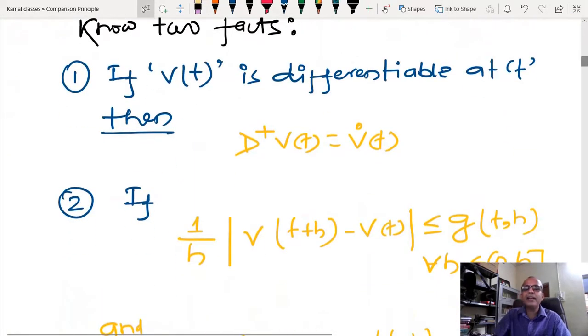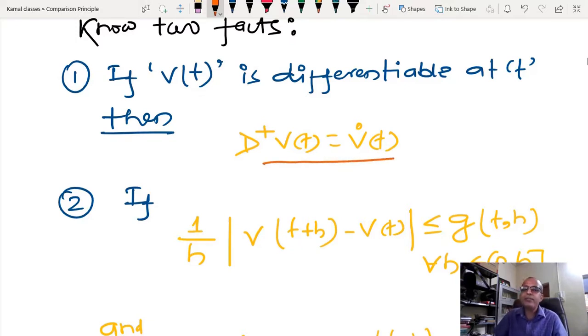Now here you can see that if Vt is differentiable at t, then it is possible to show that the upper right hand derivative equals v dot t, and that is obvious because whenever we talk about differentiability, we are talking about the upper right hand derivative, the left hand derivative, the right hand derivative, and the derivative at that point.